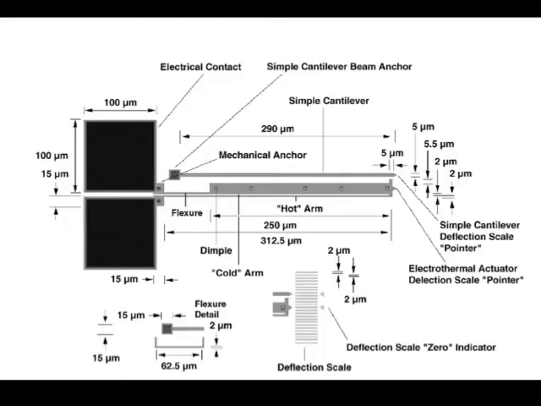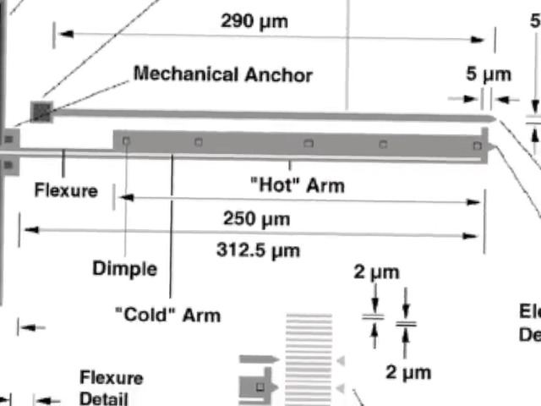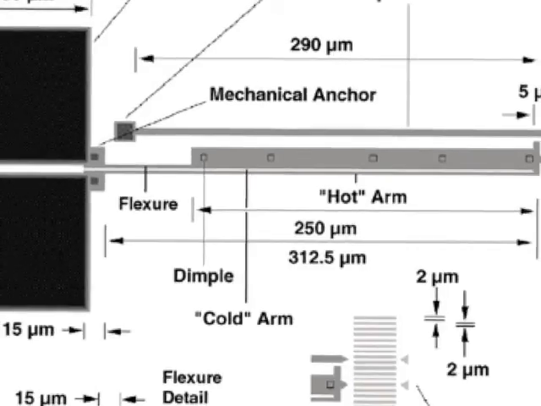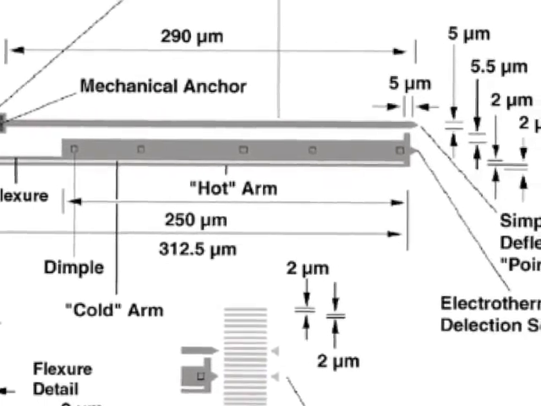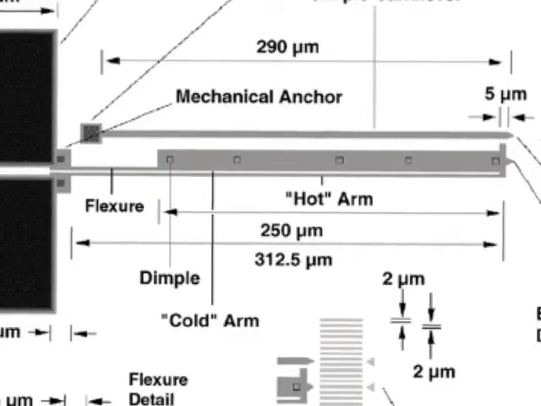So that's another design. Okay? So for your assignment, you're going to actually just copy this design for the thermal actuator. Okay, and they have all of the lengths and stuff. You can see they put some dimples in there. Okay. So I want you to copy this design.